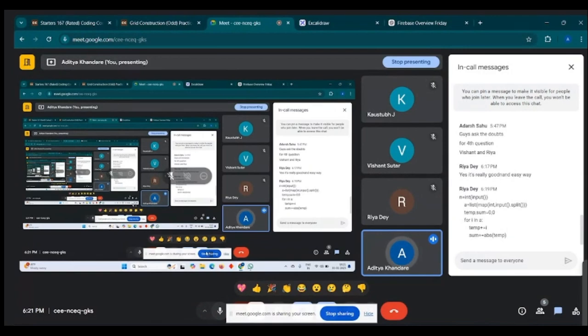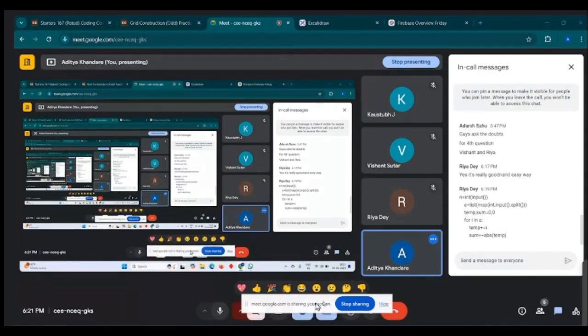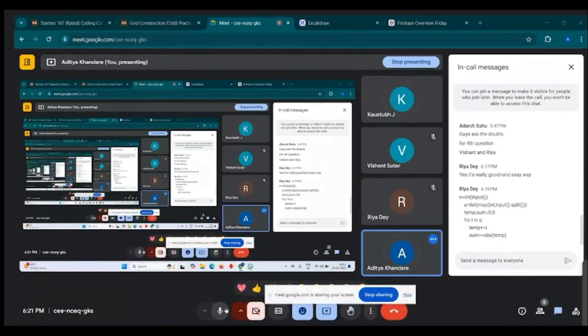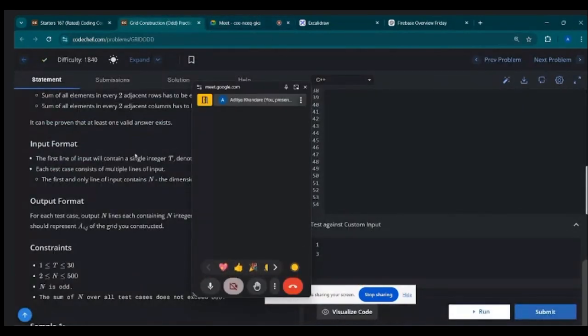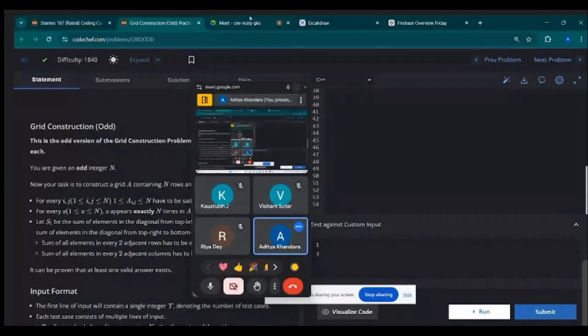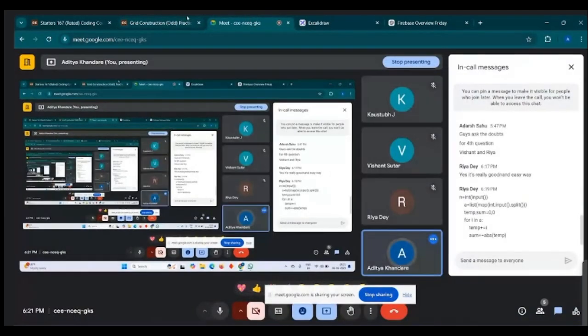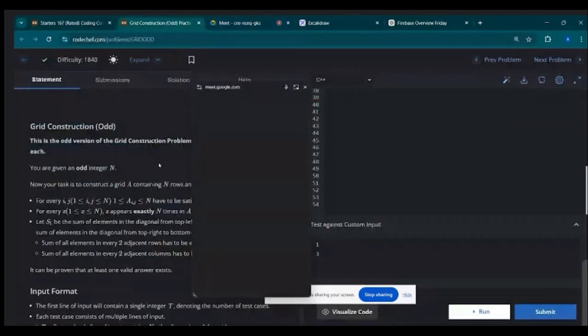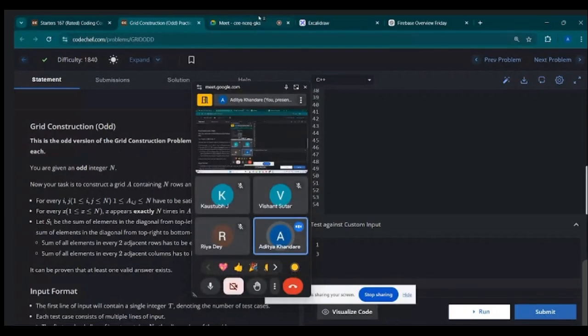Screen is visible. Yes. Okay, so has anyone solved this question or tried? Grid construction, odd or even?